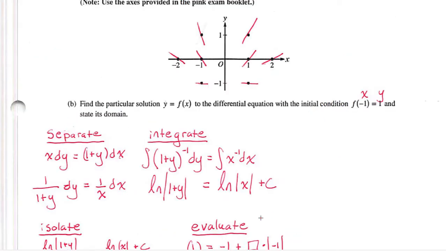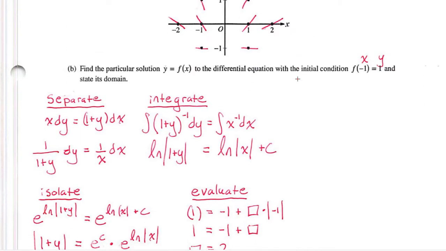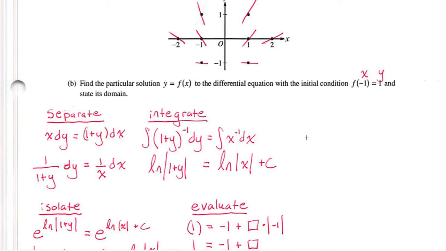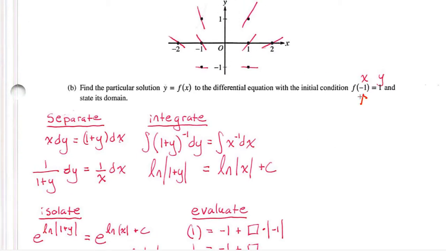By the way, yesterday we talked about the self-check 6.1 where I wasn't sure why we needed the domain. Remember on this one we had to have a domain where x was less than 0? Here's the reason why. Look at the initial condition.